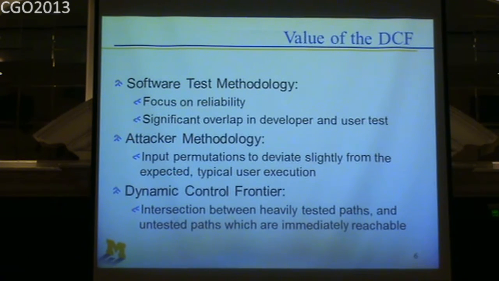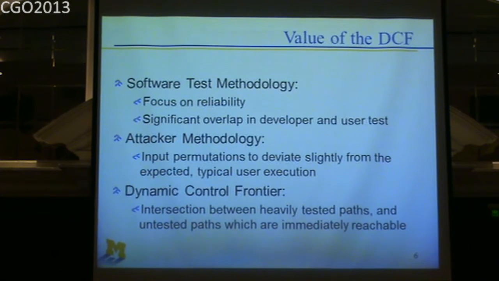But again, this focus is largely on reliability. Now, at the same time, users are also extensively testing an application, in some cases much more so than the developer. But what we have is a resultant significant overlap in developer test and user execution.